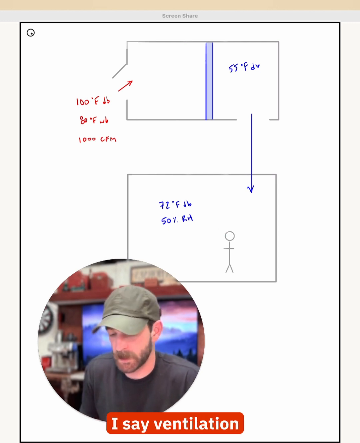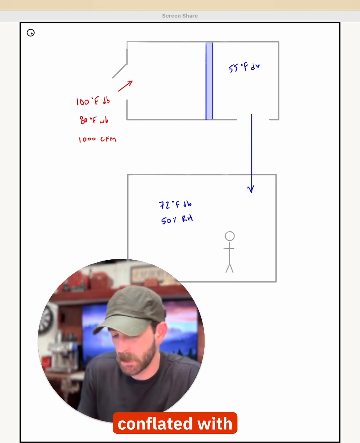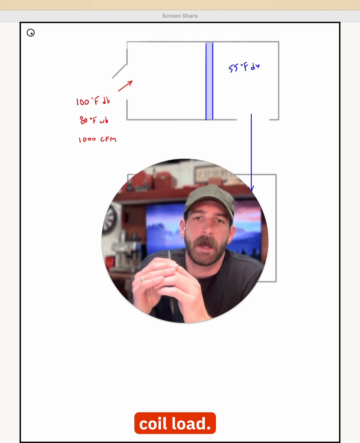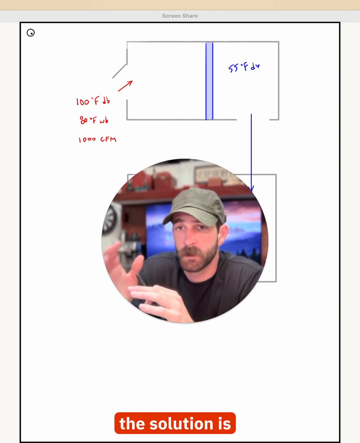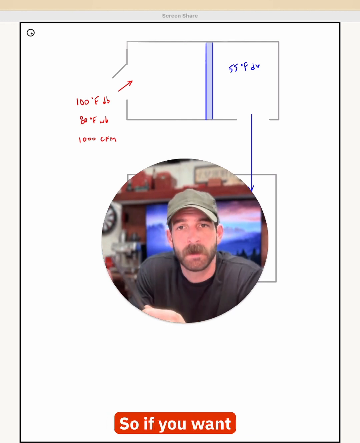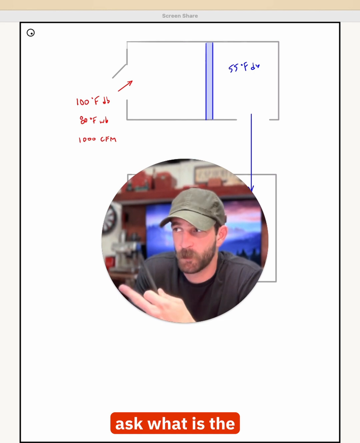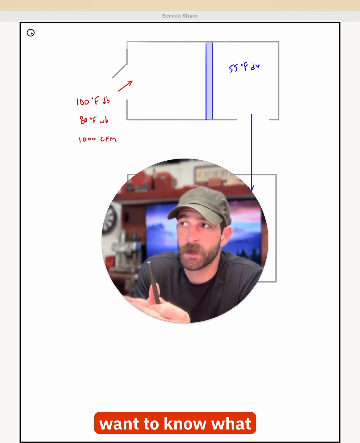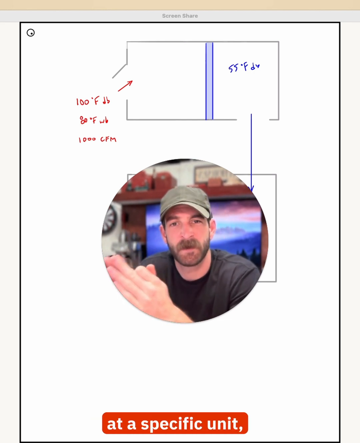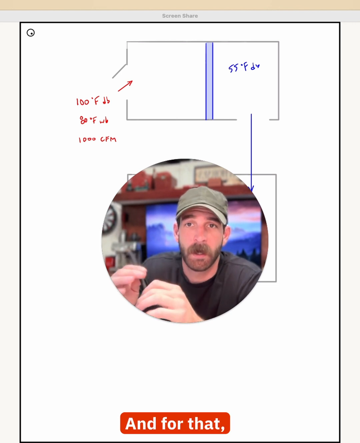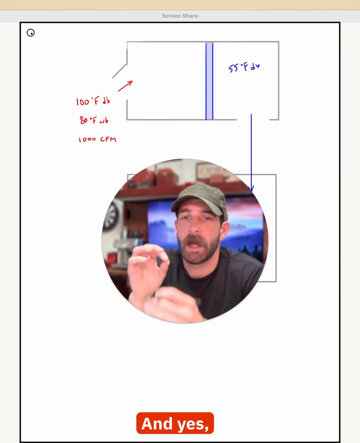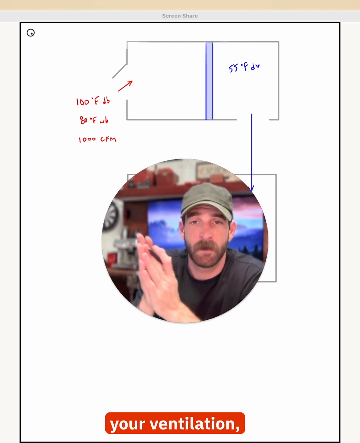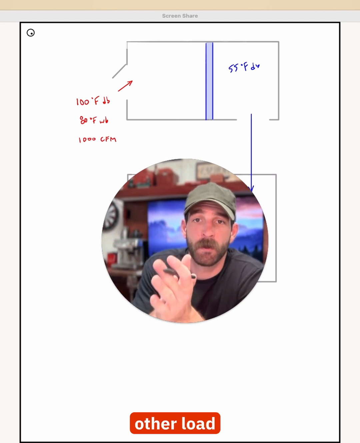So that's what I mean when I say ventilation load can get conflated with other loads, with coil load. And I think to eliminate confusion, the solution is to use the terms correctly. So if you want to know the ventilation load, ask what is the ventilation load. But if you really want to know what the coil load is at a specific unit, then ask what is the coil load. And for that, you've got all the psychrometric characteristics that go into it. And yes, that coil load might be handling your ventilation, but it's likely handling other load components as well.